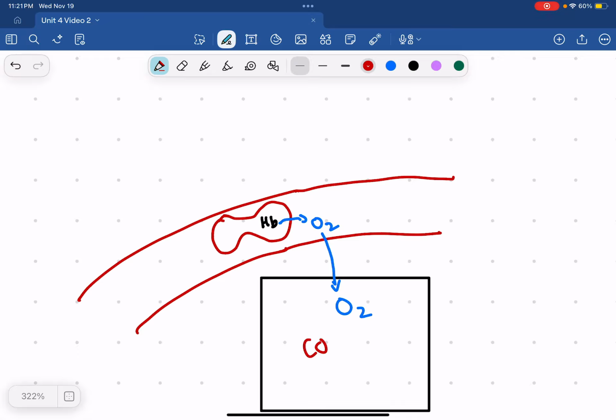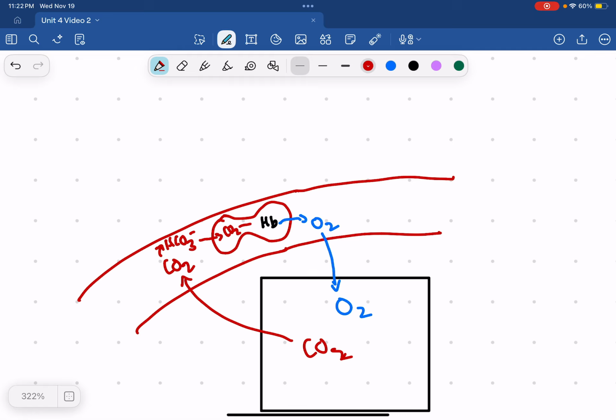Now, CO2 in the tissues can come into the bloodstream. When they diffuse into the bloodstream, they become bicarbonate. When they become bicarbonate, they can move into here. And then once they've moved in there, they can be converted back into CO2.